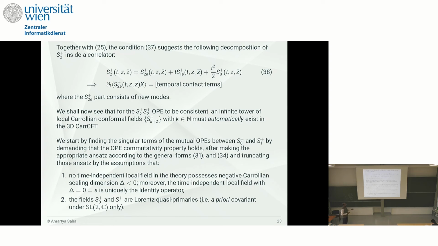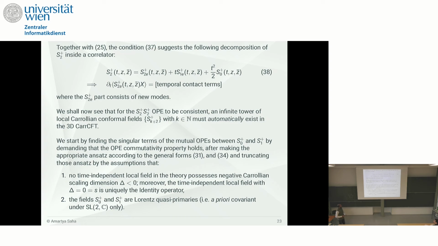And there the truncation is done by assuming that no field with h less than 0 exists. So if you don't use this assumption, then you cannot really fix this TT OPE by symmetry only. So that was the unitarity assumption. So this is just motivated from that.